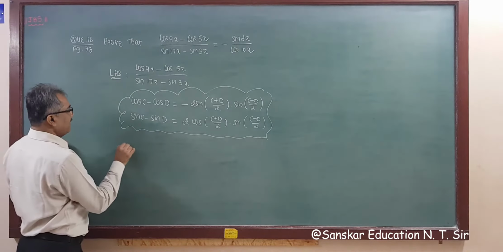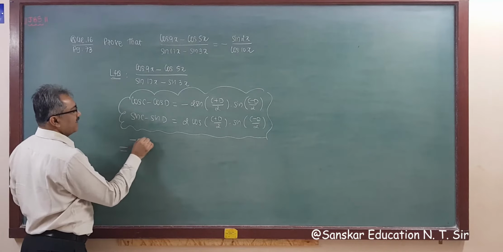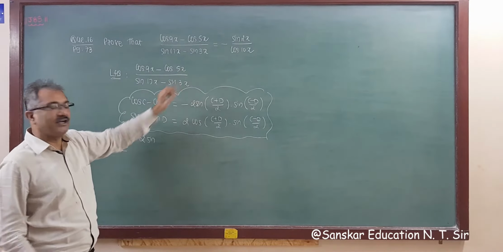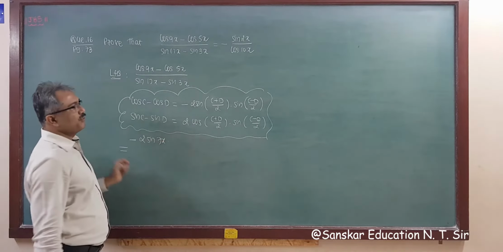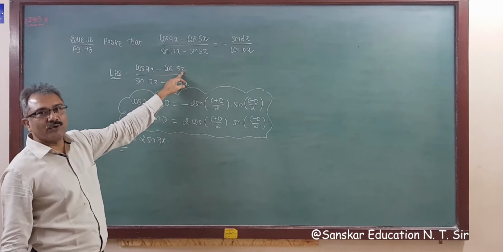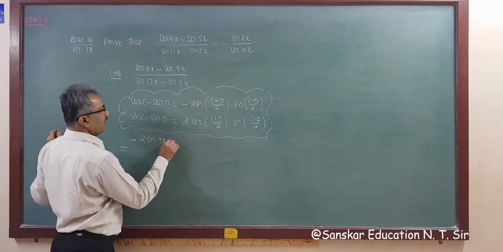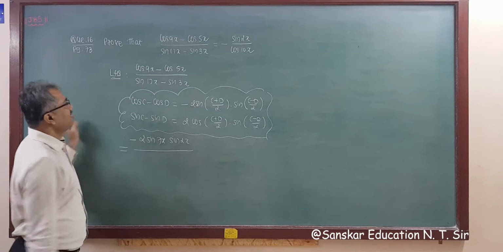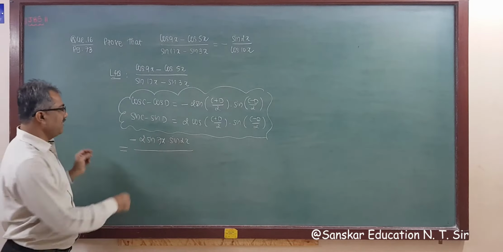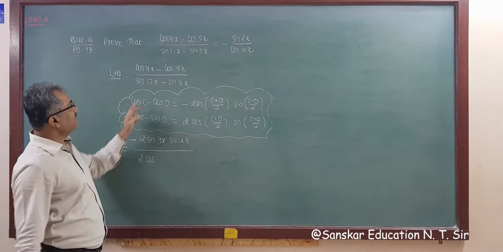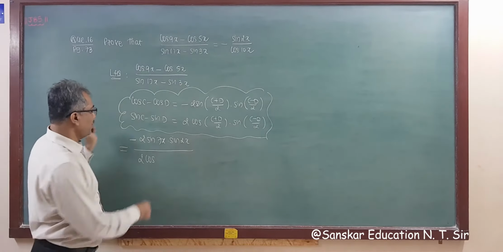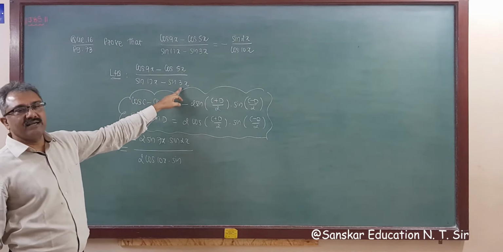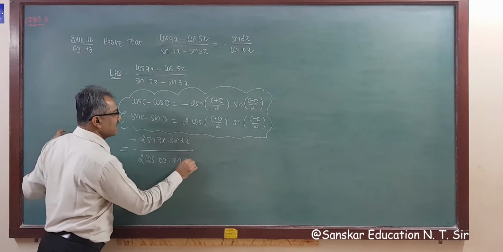Applying this formula, your left hand side will be minus 2 times sin of (9 plus 5) by 2, 14 divided by 2 is 7x, into sin of (9 minus 5) by 2, 4 divided by 2 is 2x, whole upon 2 cos of (17 plus 3) by 2, 20 divided by 2 is 10x, into sin of (17 minus 3) by 2, 14 divided by 2 is 7x.